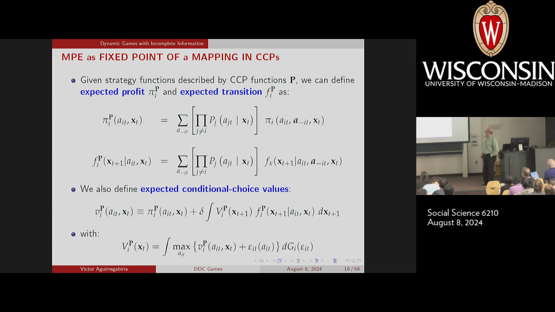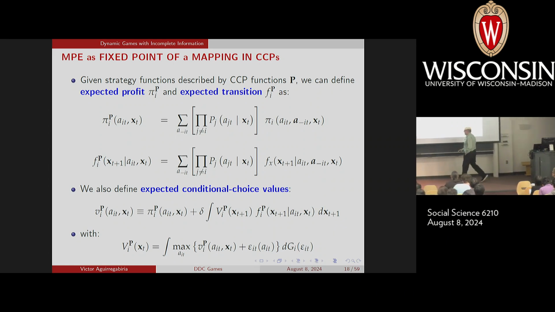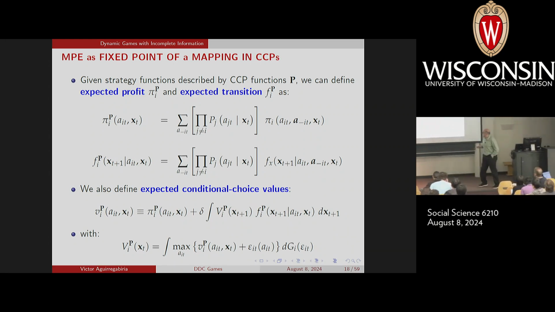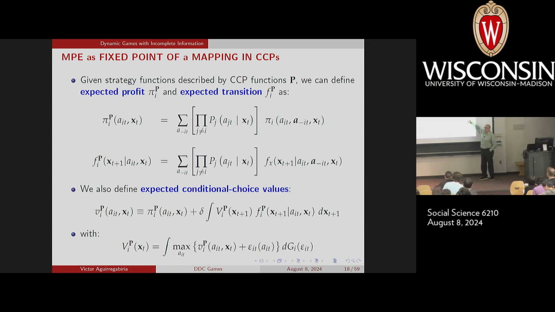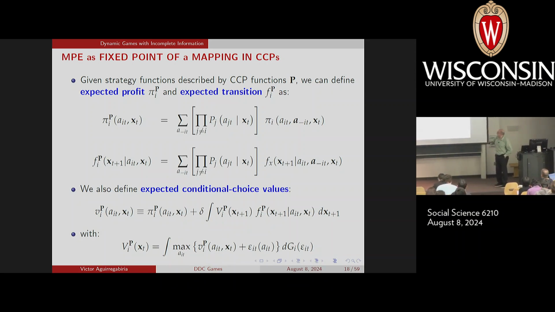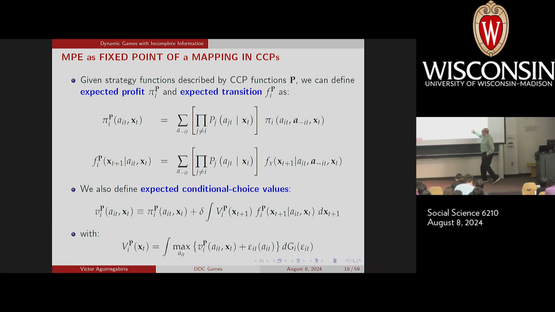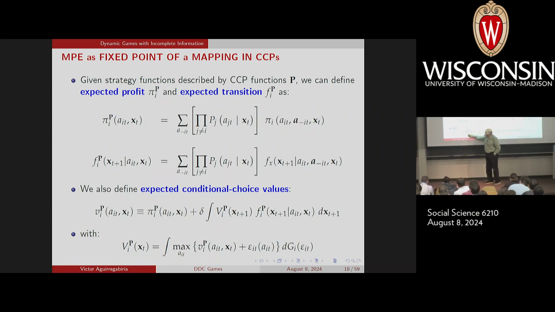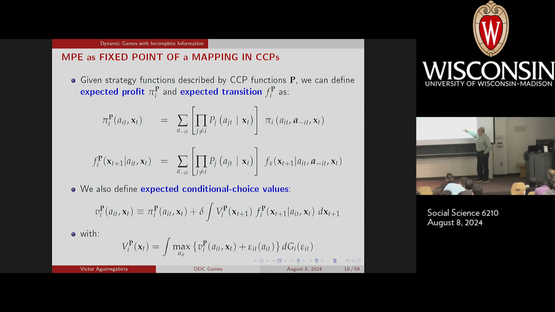Okay? And once we have done this, we have that the integrated value function, that is a value function integrated over the distribution of epsilon, is a solution to this type of Bellman equation. Again, taking as given the choice probabilities of the others, there is a unique value function that solves this Bellman equation.